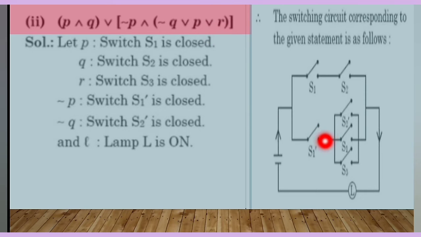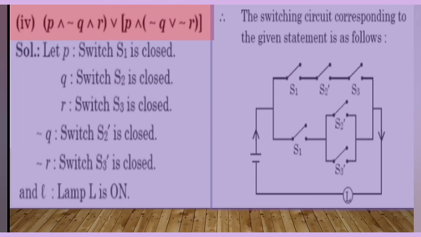This AND is in series, and these three switches are in parallel because of the OR symbol. So we write the OR symbol. S2 dash means negation Q, P means S1 and R means S3. These three switches are in series, with S1 dash meaning negation P. This is the diagram of this statement.